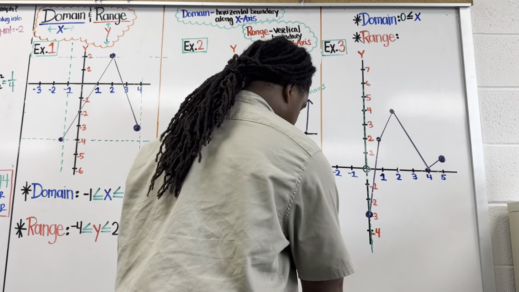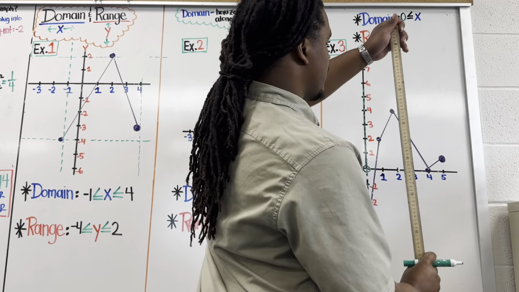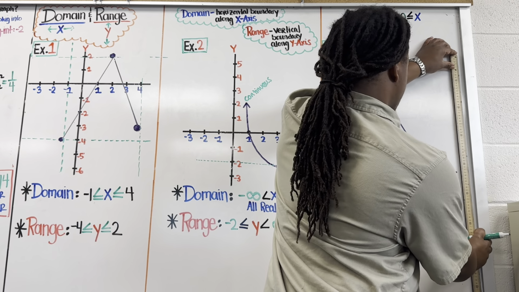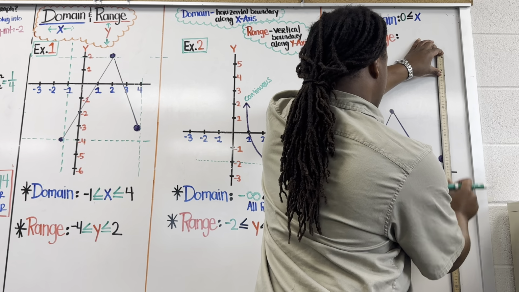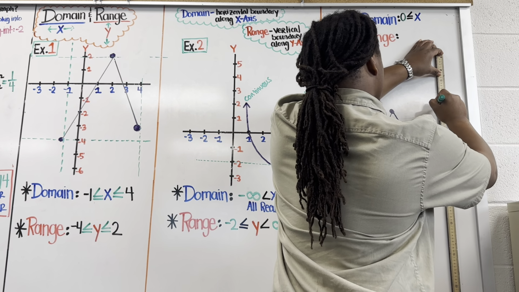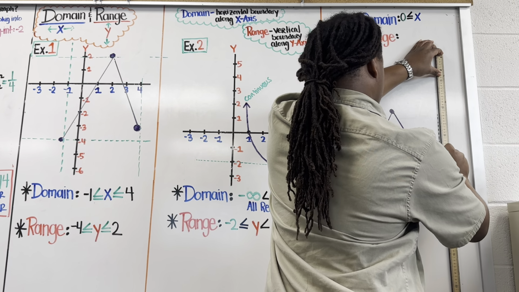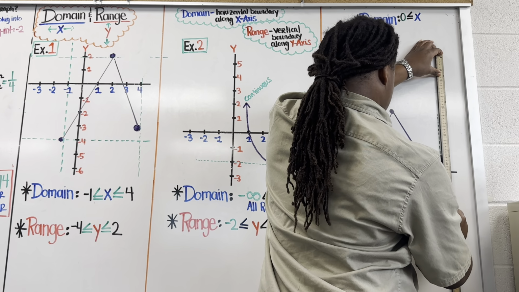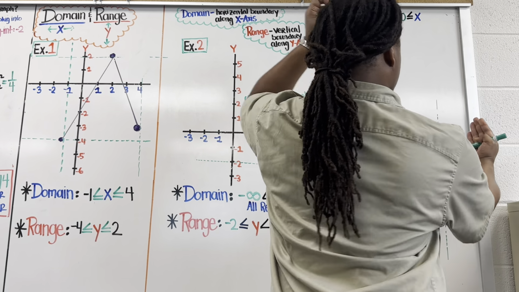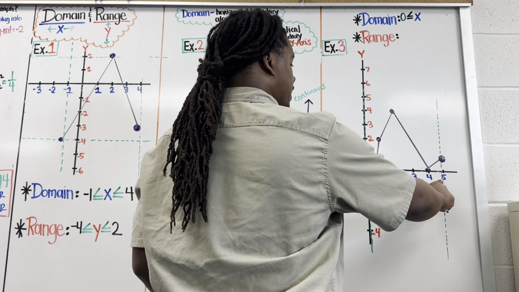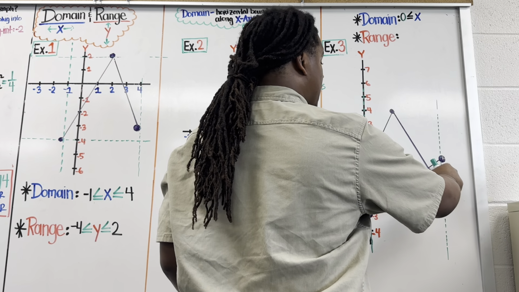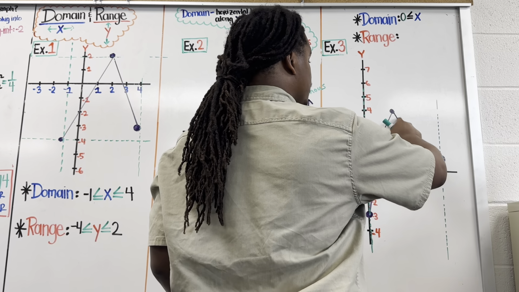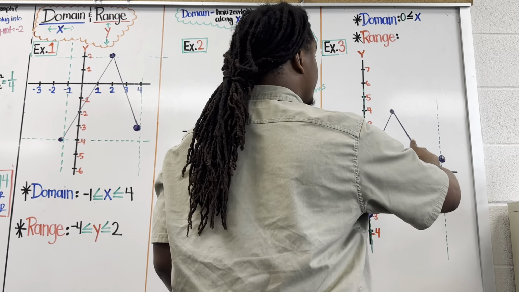And then on this side, we're going to find out what is the greatest x value that x can possibly be. If I use the vertical line, I have to stop right there. That's a boundary, another vertical boundary, and that's at x equals 5. So x can be 5, or it could be these values that are between 0 and 5.